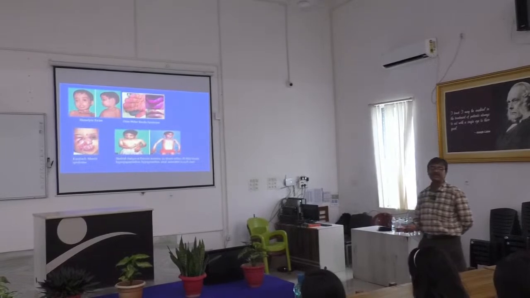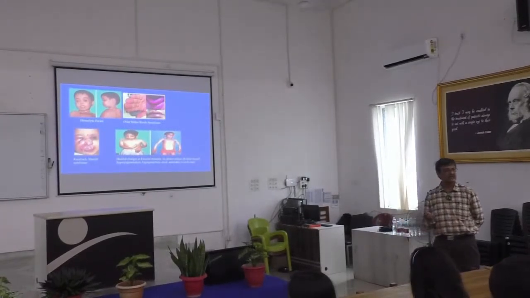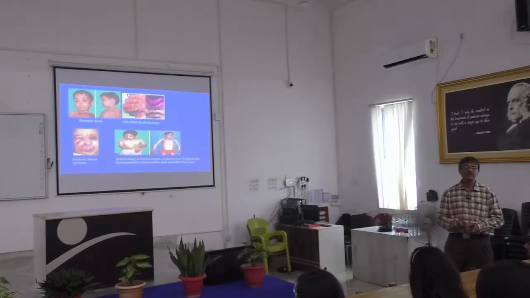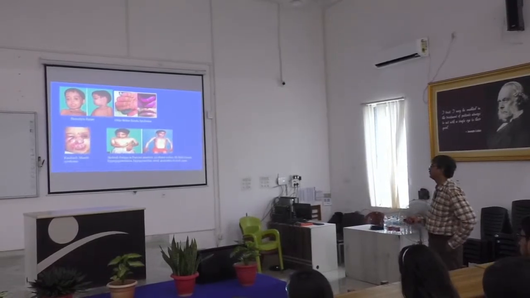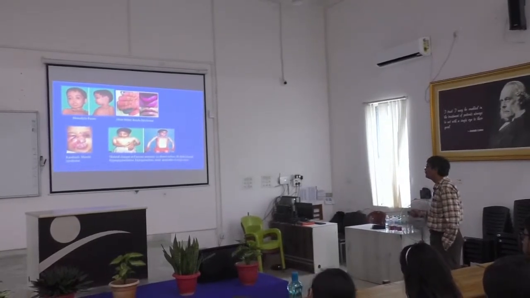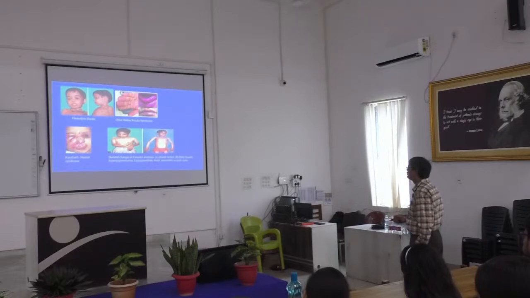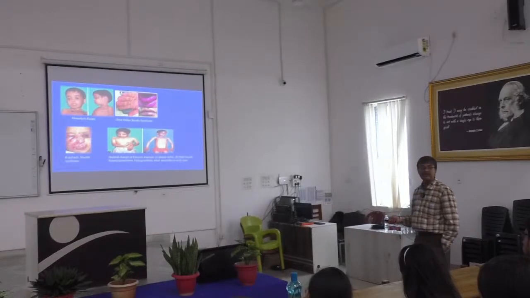In Kasabach-Merritt, there is associated coagulopathy. Kasabach-Merritt is a congenital condition. There is a huge pooling of blood, with associated coagulopathy. And there is a skeletal deformity. You see, this radius is almost absent here, right? So it is associated with hypogonadism and renal abnormalities. So that is part of Fanconi syndrome.